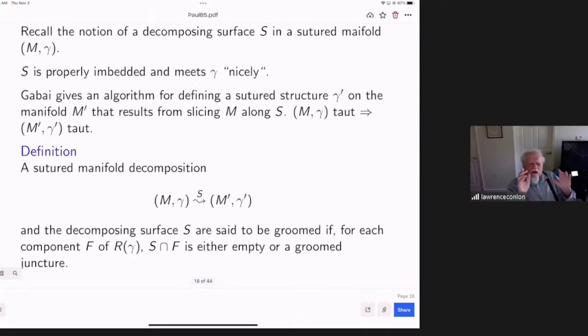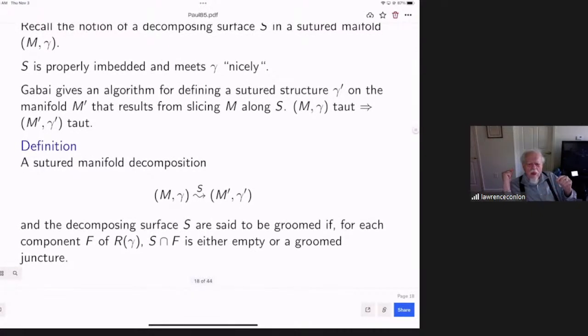The thing is that if you have a decomposing surface, you can slice the sutured manifold apart along that surface, and Gabai shows us how to give a sutured structure on the resulting manifold, which I'm calling M prime. So, and furthermore, a very important theorem that Gabai gives a rather obscure proof of.